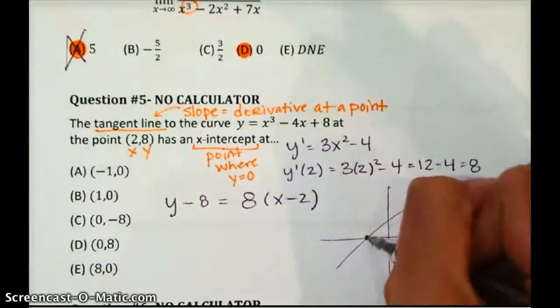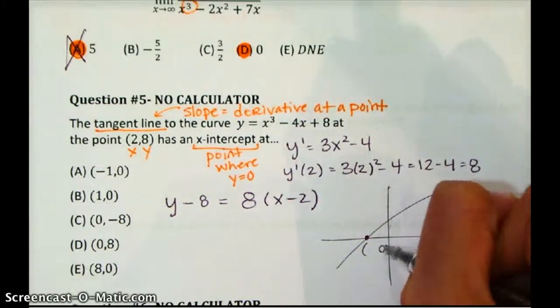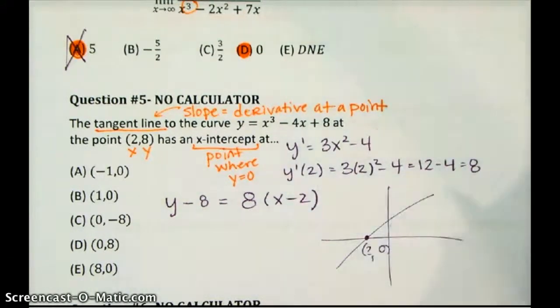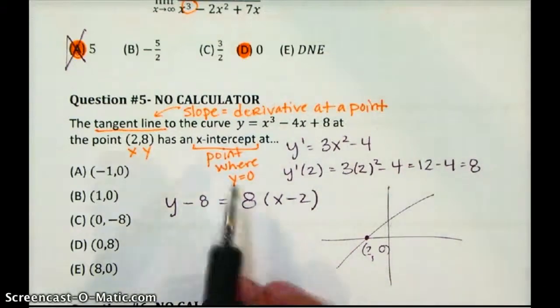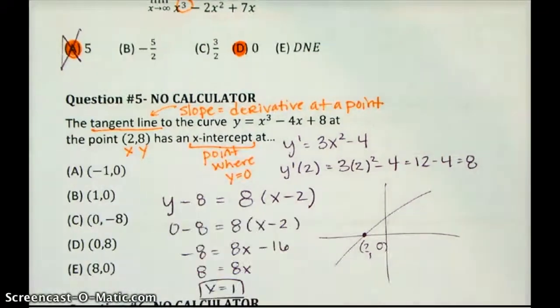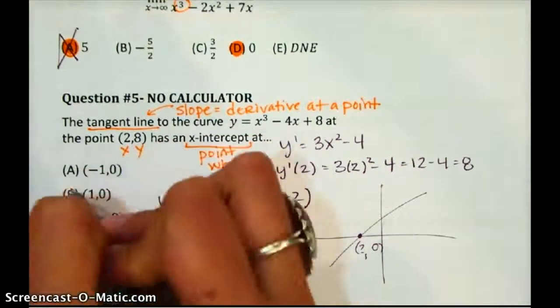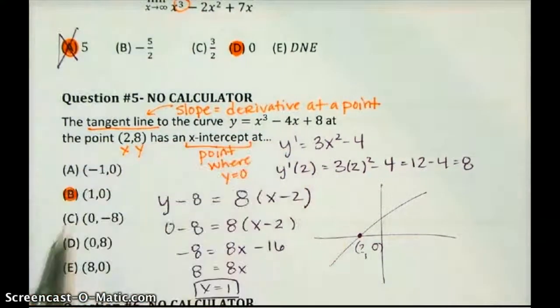The x-intercept right here, think about what that point is. That's the point where y equals 0, and we want to know what its x is going to be. So all I need to do is plug in 0 for y and solve for x. When I do that, you can see the work right here, but I end up with x equals 1, which means that this is the right point. Y value is 0, x equals 1.